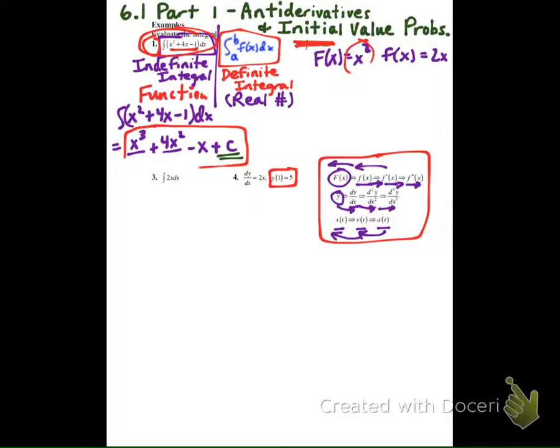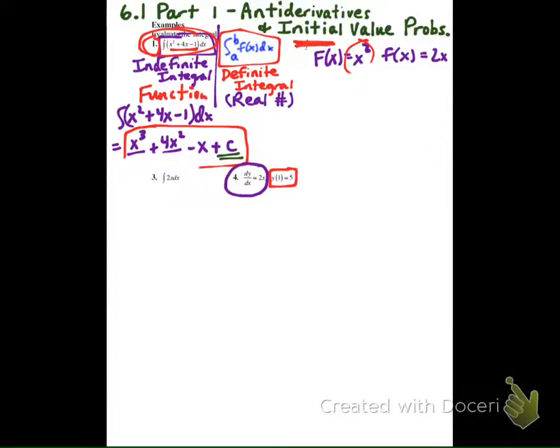And notice here that in problem number 4, we have dy dx is equal to 2x. So in other words, we have the derivative of a function equals 2x. Okay, well fine. Let's cover this stuff up here so we can have lots of room. We have an initial condition, and that's what I had said before. I want you to write that down. Initial condition.